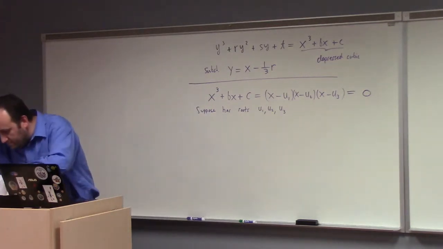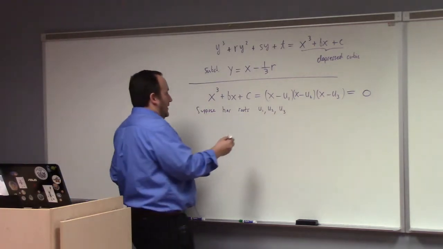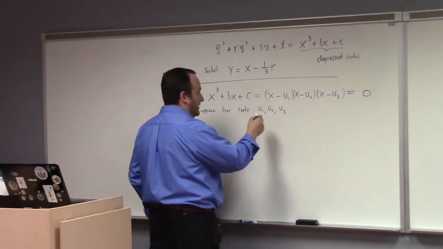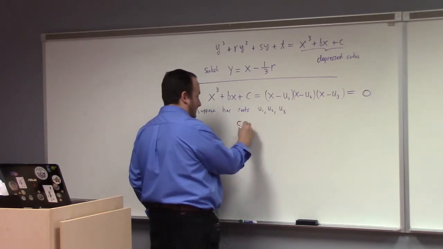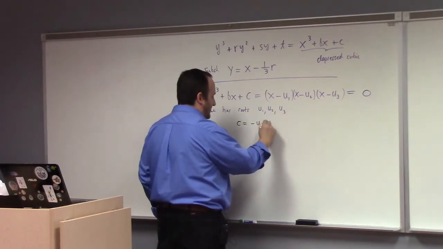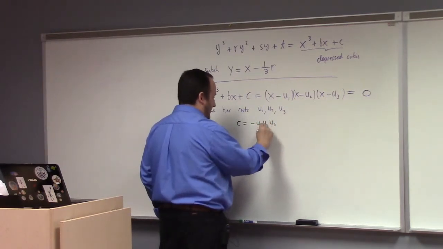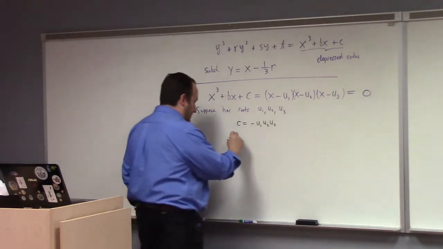What is it? Let's see here. C is what? I'm going to put a minus on each one. Yes, like just what you said. Minus u1, u2, u3. What should b be equal to?